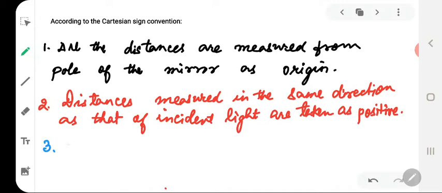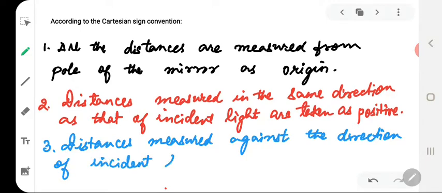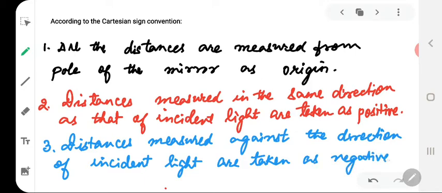Third rule, distances measured against the direction of incident light are taken as negative.